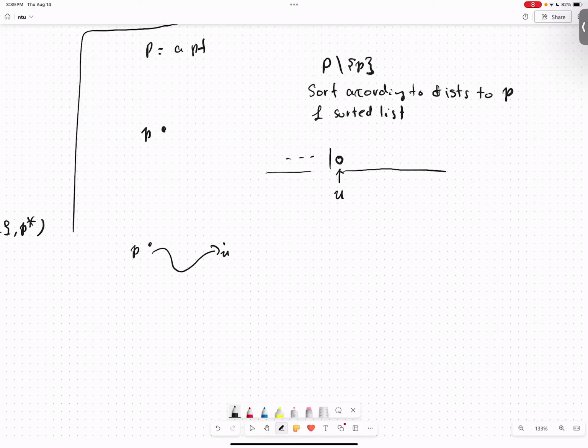Now, I'm going to tell you exactly which points to kick out of this list L. Think about some points like this: P, U, V. I put their positions like this because I want to give the impression that this V is so close to U compared to P.